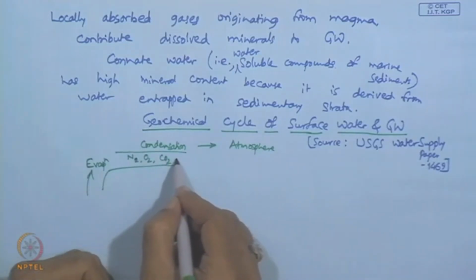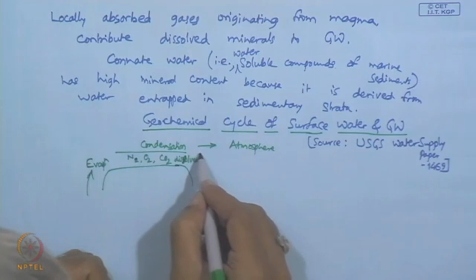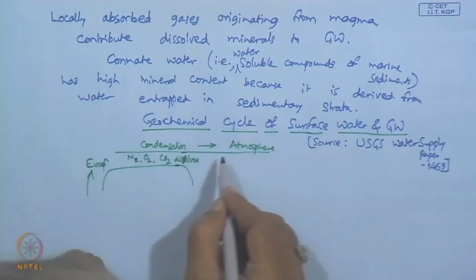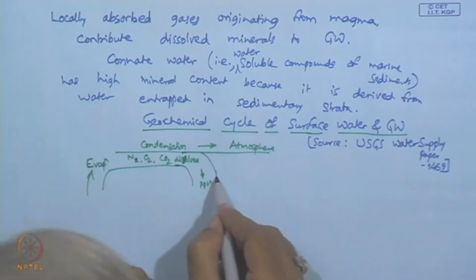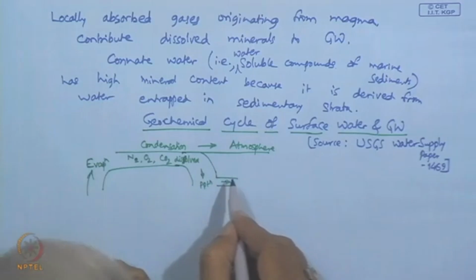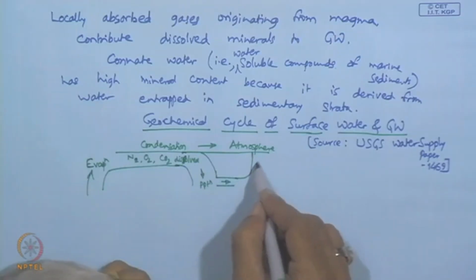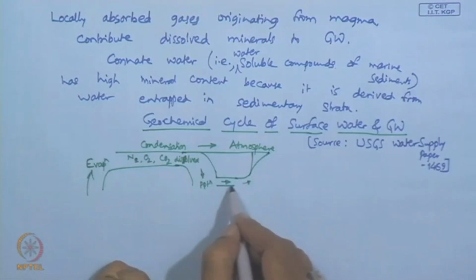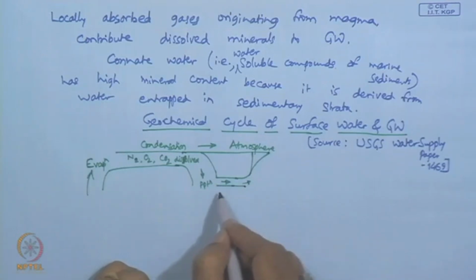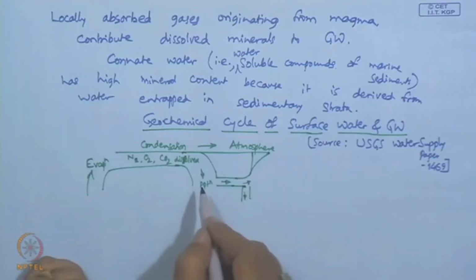These are dissolved. Then there will be precipitation, and from precipitation a small component will go into the atmosphere, and part of it will move, and a major part of it will move downwards.